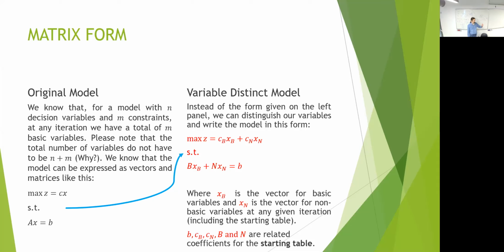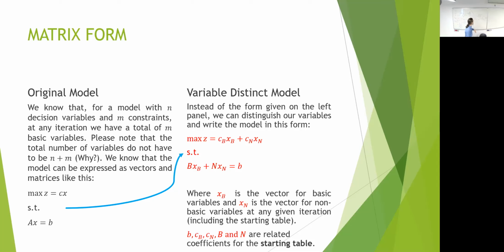Now, we will say that maximizing z is equal to cB times xB. This says take your basic variables and multiply them with their own coefficients only. And take your non-basic variables, cN times xN, and multiply them with their own coefficients only.